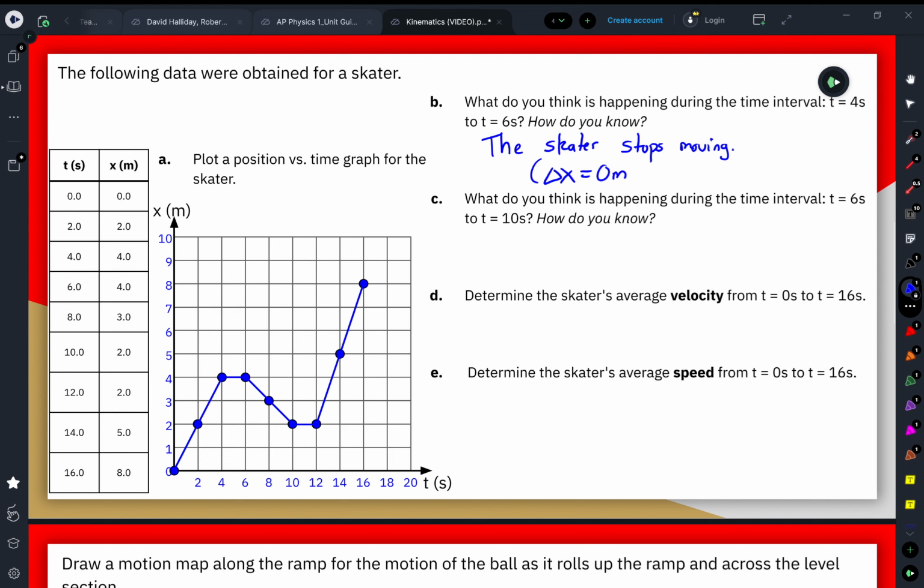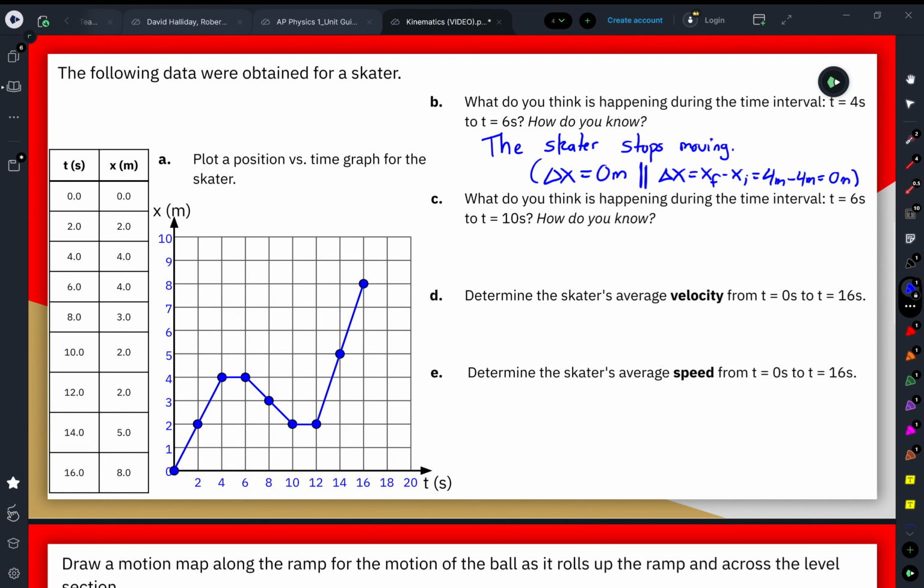The way that we can calculate that change in position is our final position minus our initial position. Our final position, or the position at a time of 6 seconds, is 4 meters. And the initial position in this region is the position at 4 seconds, which is also 4 meters. That's how we can definitively state that the change in position is 0 meters, which supports our statement.